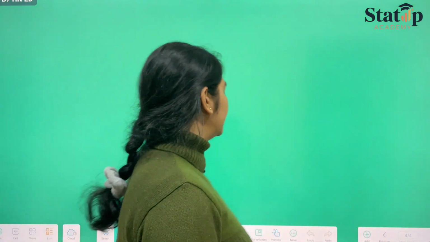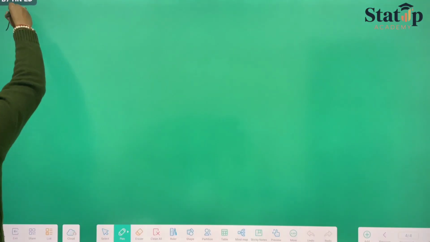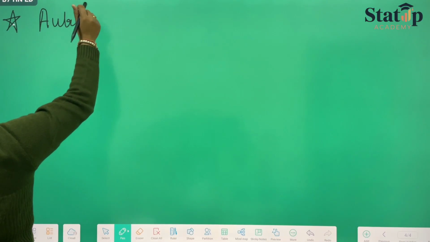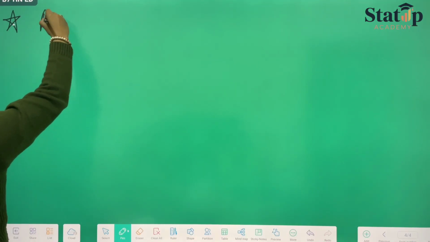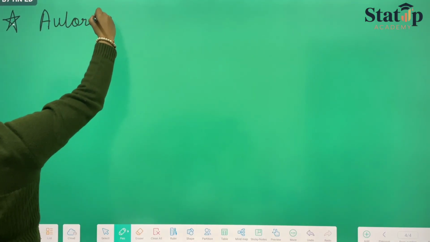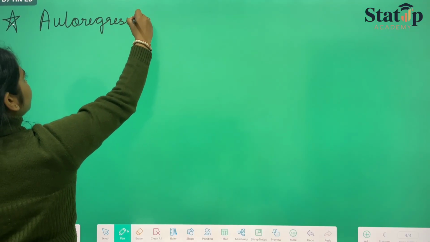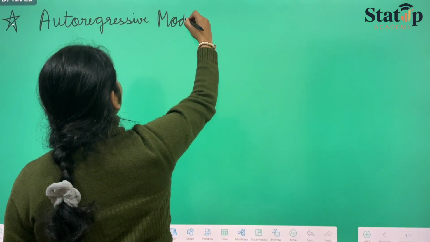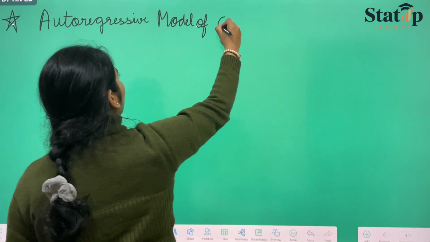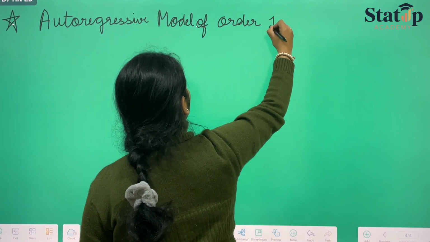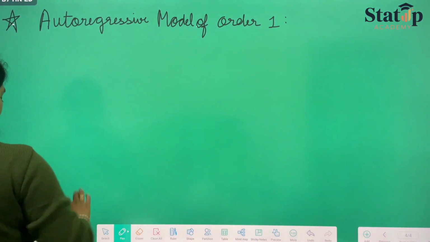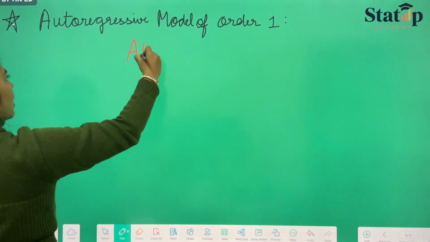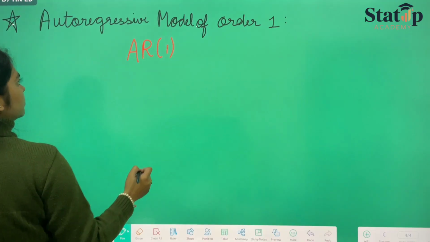So for consideration, let us take the first one, the auto-regressive model of order 1. This is also written as the AR1 model.